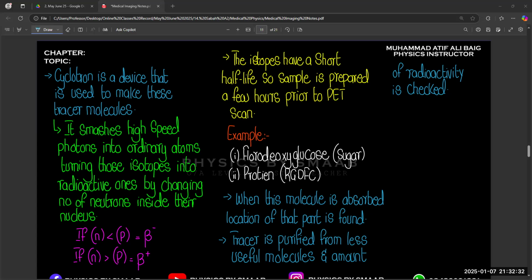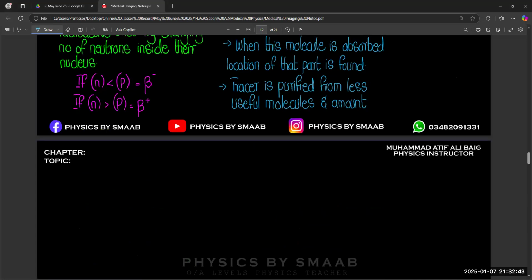Now, the next step is when that tracer molecule is absorbed by a specific part of the brain or whatever tissue we want to analyze. So what happens?